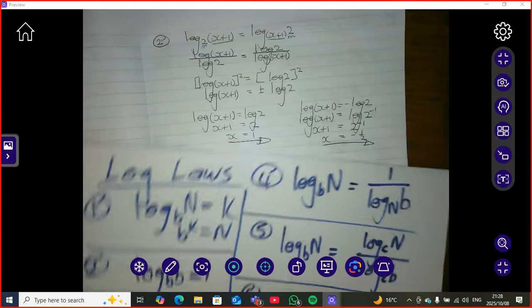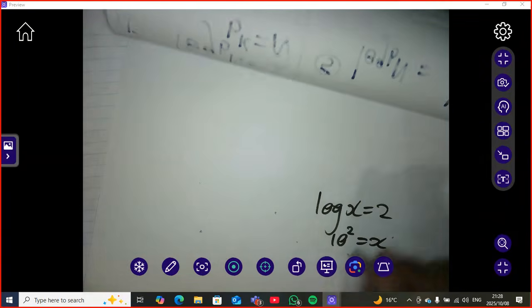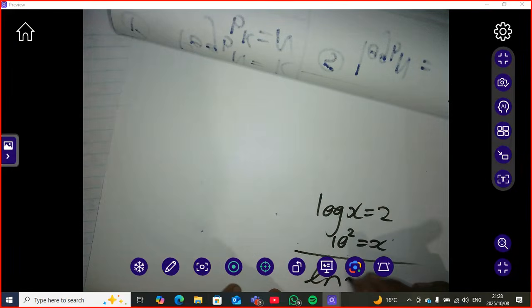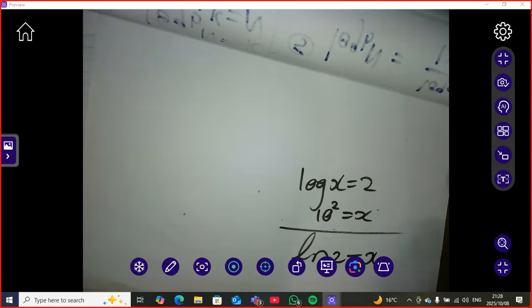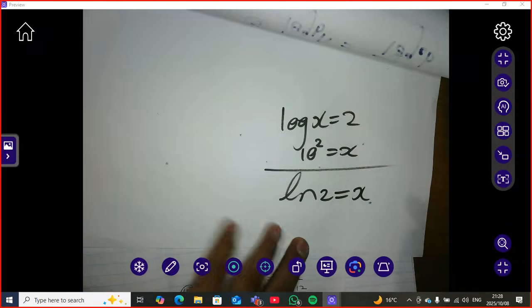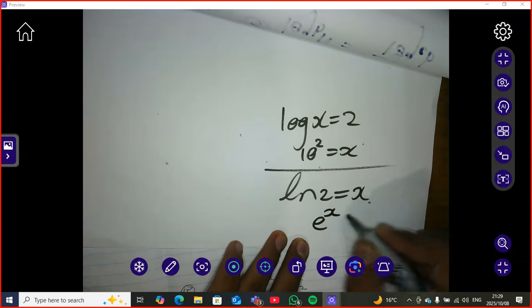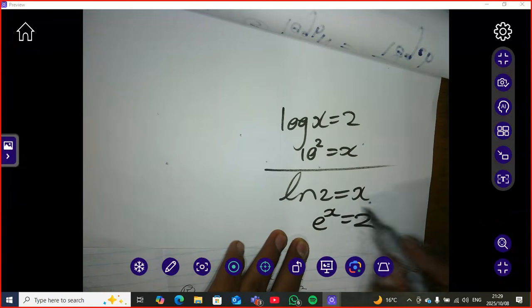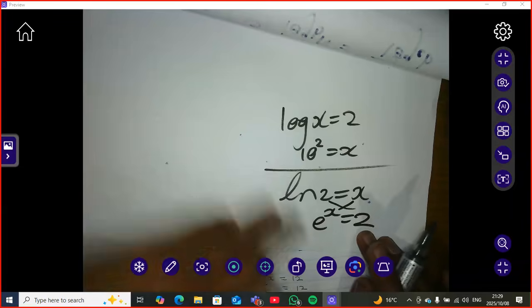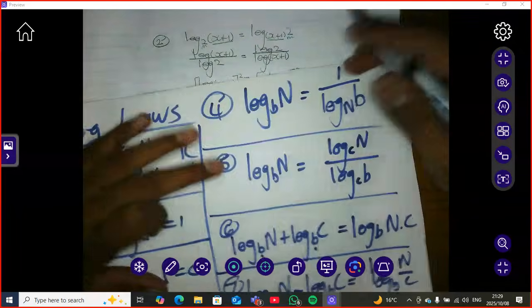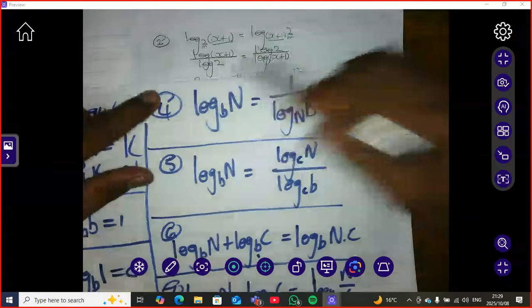Then ln x equals 2. Just to write something here, ln is the same. So ln, the base is e, to the power of x equal to 2. Works the exact same way. That swaps there, that goes there. Just so you know. But anyways, I'm gonna apply rule 5 here to both sides.